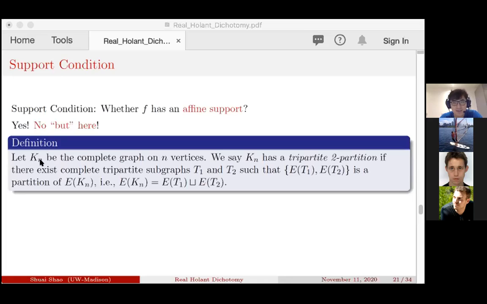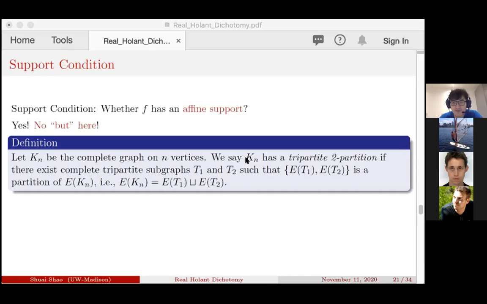Now let K sub n be the complete graph on n vertices. It's a simple graph with no loops. We say this complete graph has a tripartite 2-partition if there exist 2 complete tripartite subgraphs T1 and T2. A tripartite subgraph is complete if all its vertices can be divided into 3 sides, and all edges between vertices in different sides are in this graph.